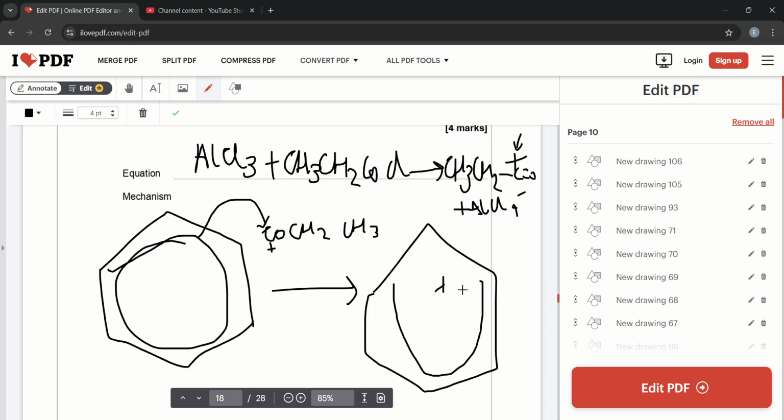positive charge, and now maybe the horseshoe ring.